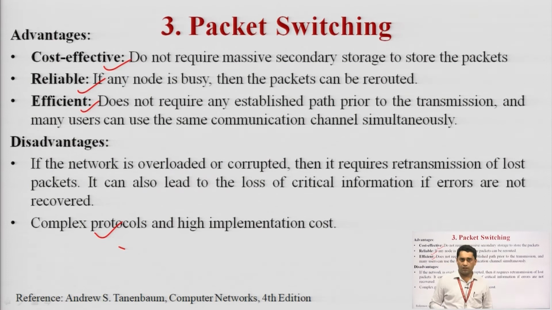Apart from this, if a particular network is overloaded, and already there are so many packets traveling in the network, this sort of switching will create congestion, and then we need an extra congestion control mechanism. Suppose we are talking about busy hours, say 6 p.m. We see on the main roads there are so many cars, so many vehicles.